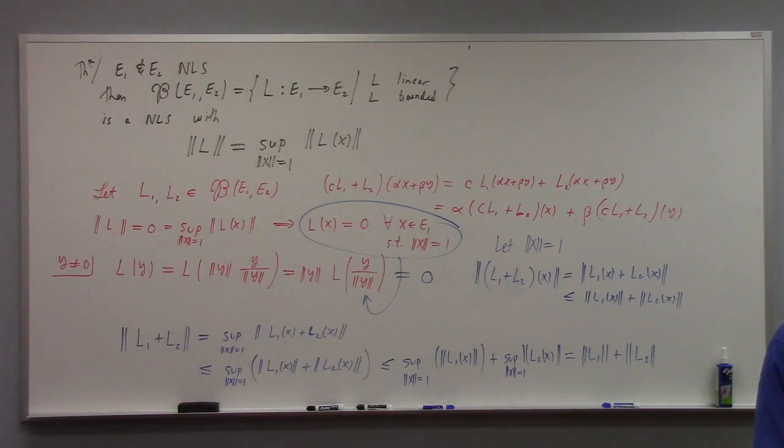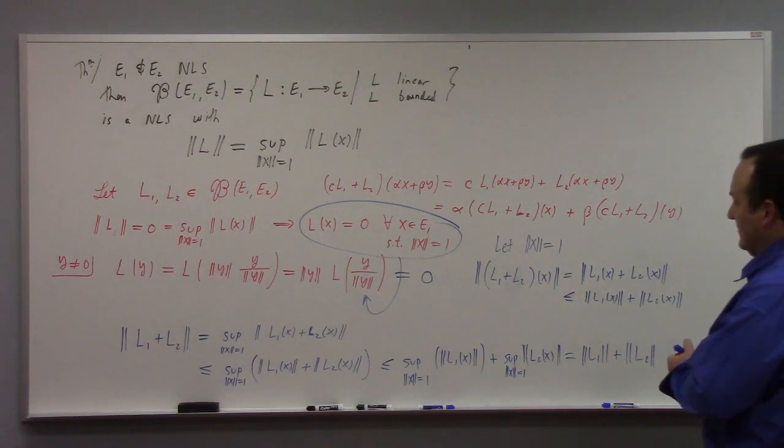So he says the norm defined as we just did is called the uniform convergence norm. His next theorem says that if E1 is a normed space and E2 is a Banach space, then B(E1, E2) is in fact a Banach space.